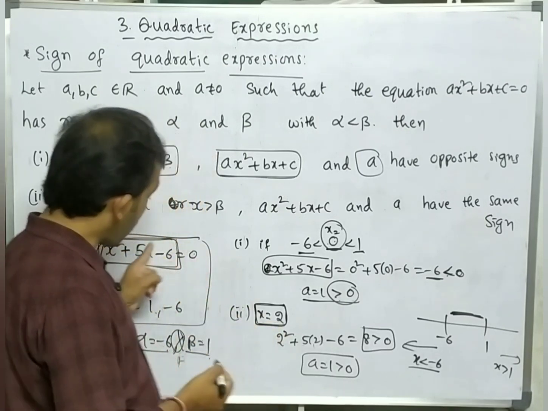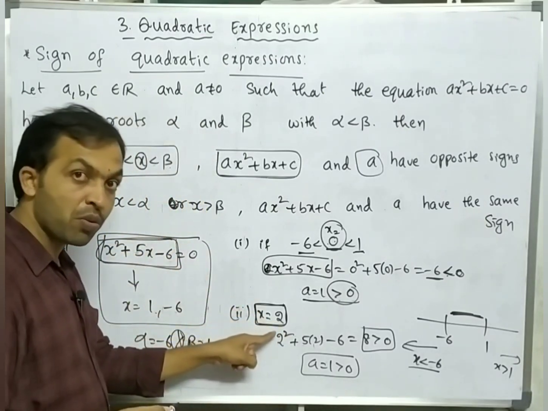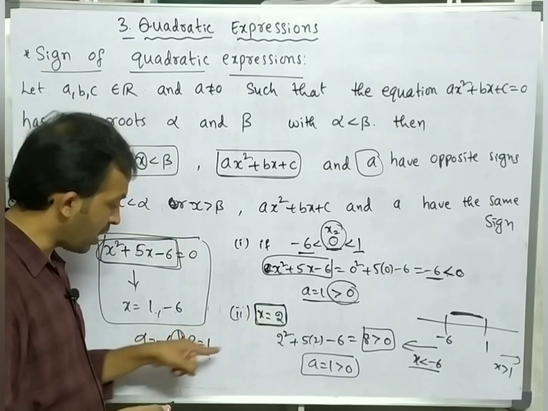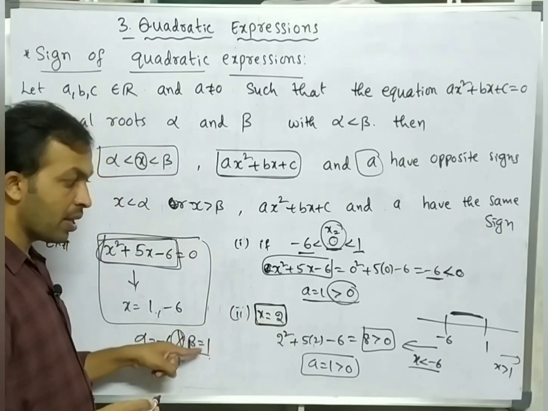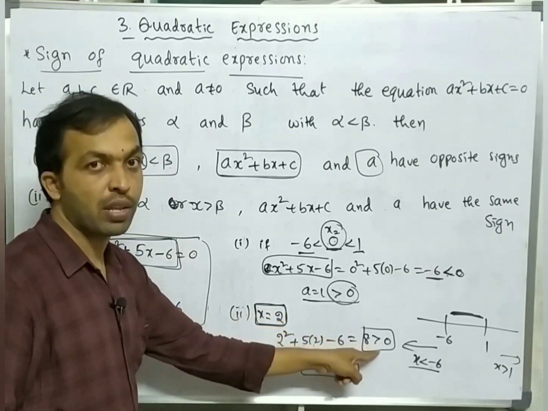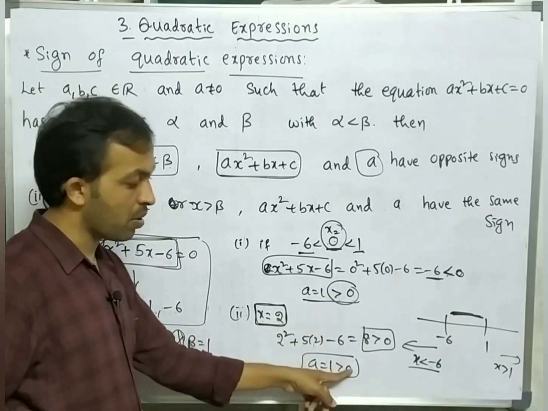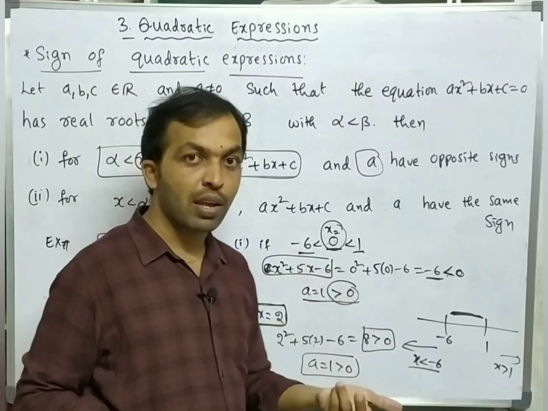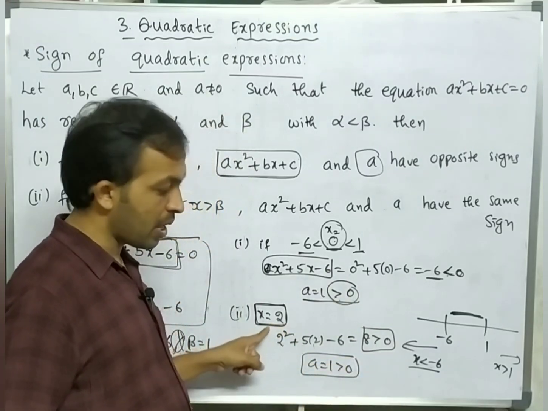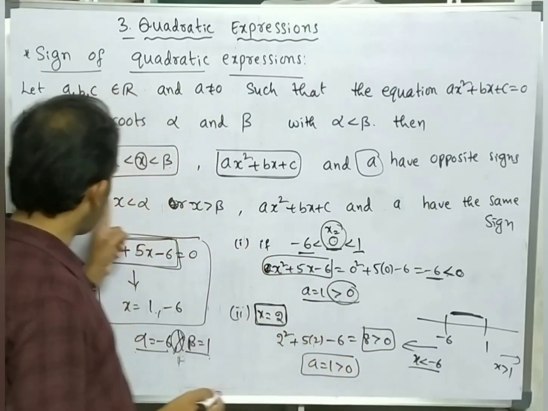The value of the quadratic expression after substituting x is equal to 2, which is greater than 1, is positive, whereas the coefficient of x square, that is a is equal to 1, is positive. So both have the same sign. A and the quadratic expression have the same sign. So that is the point.